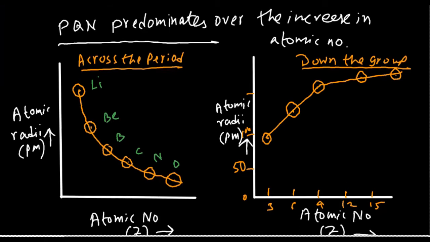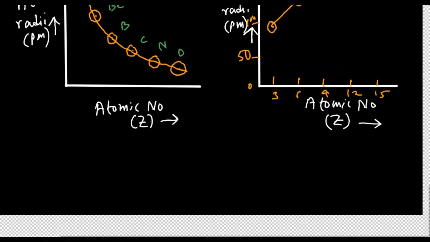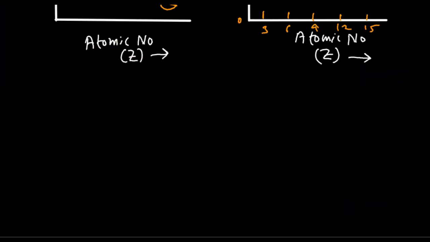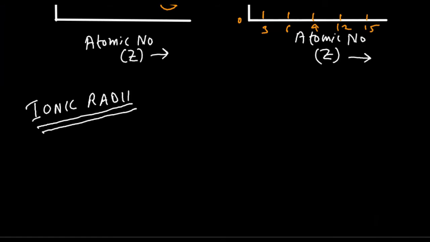Next we will move on to the ionic radii. Ionic radius is defined as the effective distance from the center of the nucleus to the point up to which it exerts its influence on the electron cloud.